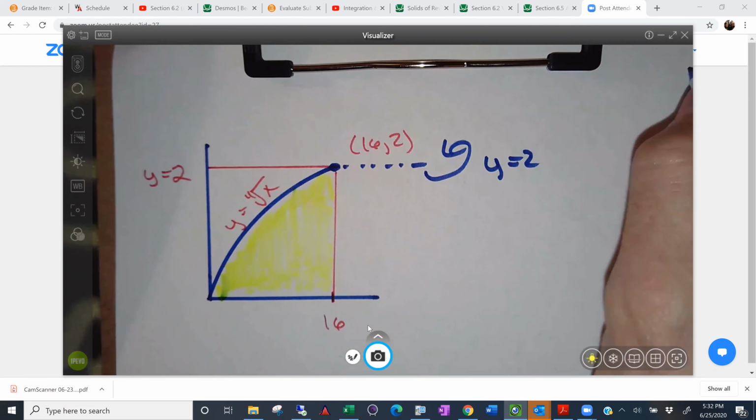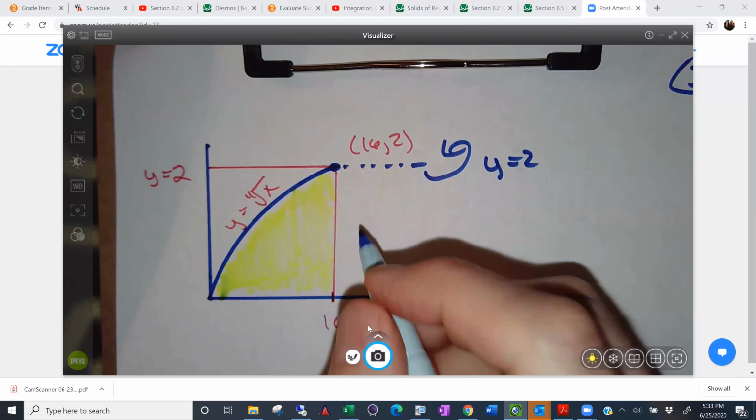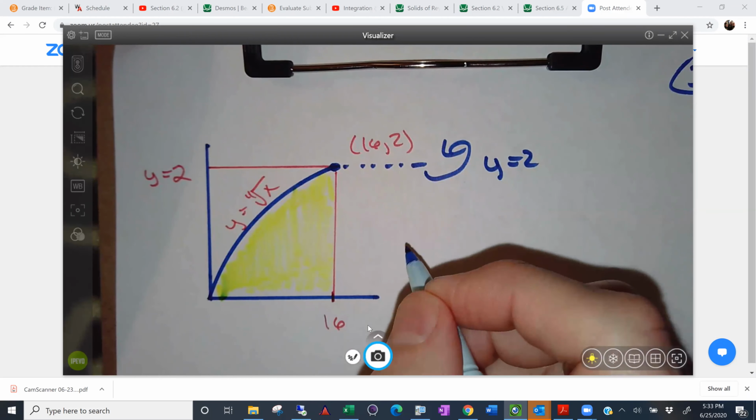Now that's going to make a substantial difference in our calculation between this one and the last one. So the big difference is going to be this. When we take our slice, by the way, let me write this in bold because it's going to work good for you this semester. In Calc 3 or Calc 2, you're going to have to be a little more thoughtful.